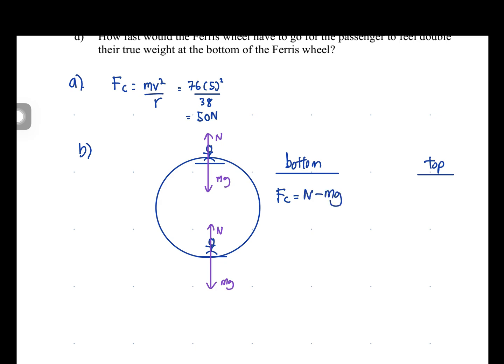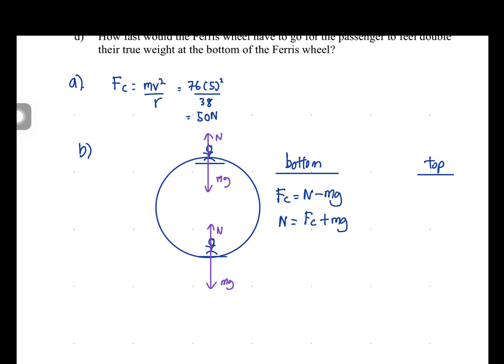Why normal minus weight? Because when the object moves in circular motion, the net force, the bigger force, must be directed towards the center of the circle. In this case, the center of the circle is in the direction of the normal, so normal must be bigger than weight. If I rearrange, my equation will become normal equals centripetal force plus mg.